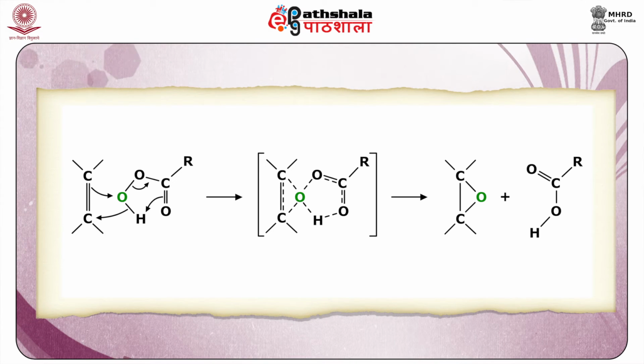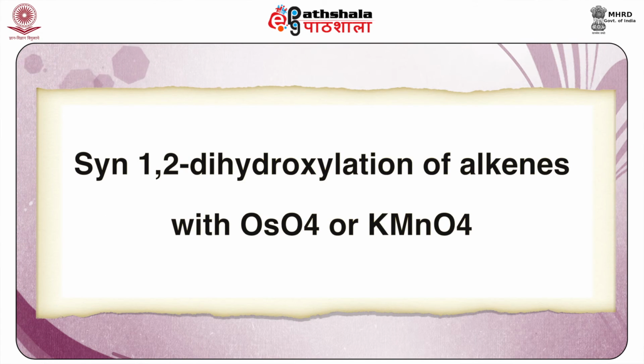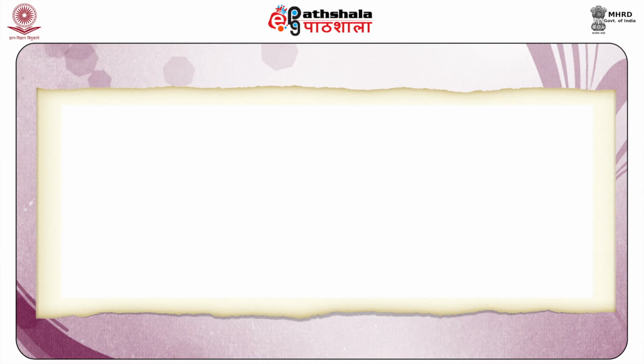You can see here that when this C-C double bond is treated with a peroxy acid, this is how the transfer of oxygen happens to the alkene, leading to the formation of this epoxide via this cyclic electron transfer.